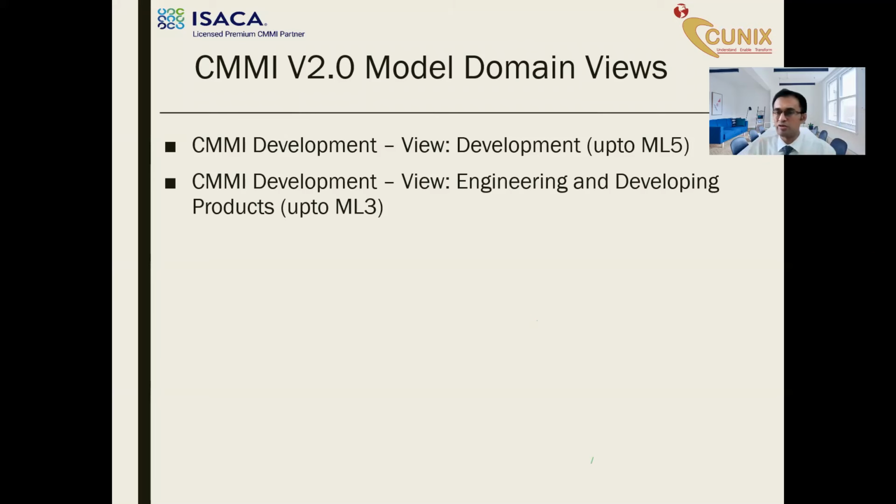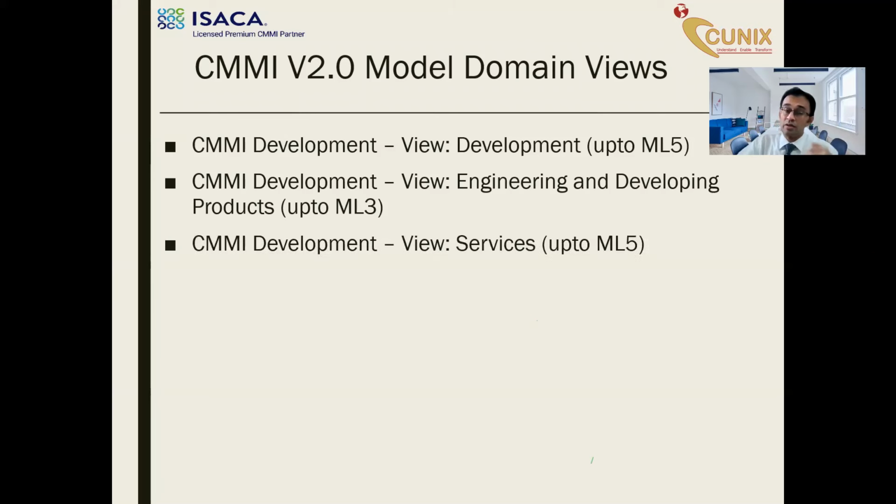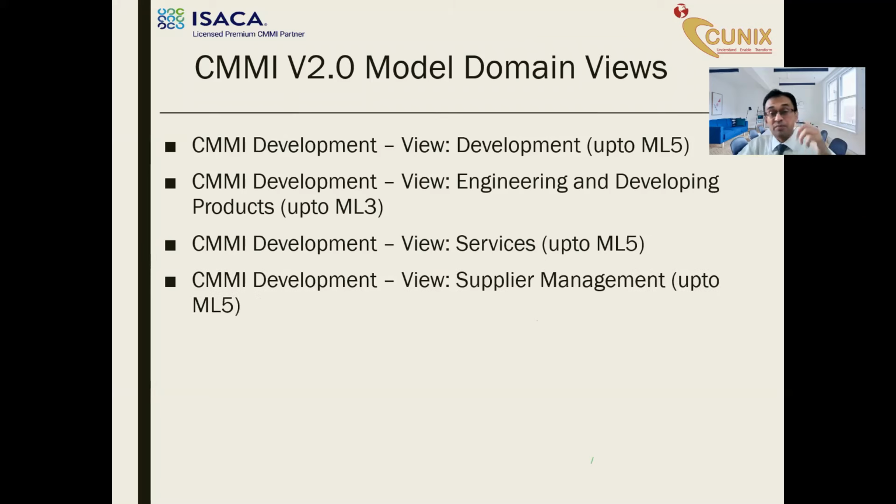Because engineering is just engineering. If you select development with the view of services, then you can also go up to level 5. If you select supplier management, you can go up to level 5, and there are many more views. Once you buy the model, you can definitely come to know.